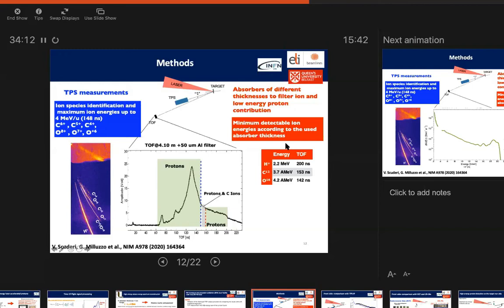But what about the oxygen? Because you mentioned several times the carbon ions, but what about the oxygen? Oxygen, of course, as you can see here, had lower energy than carbon. So of course they could be in this region here.